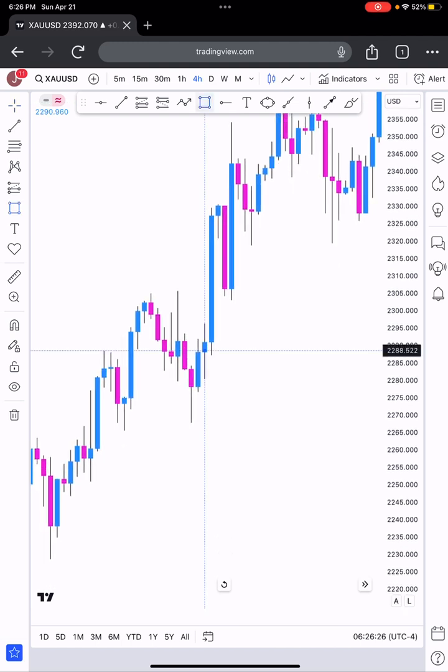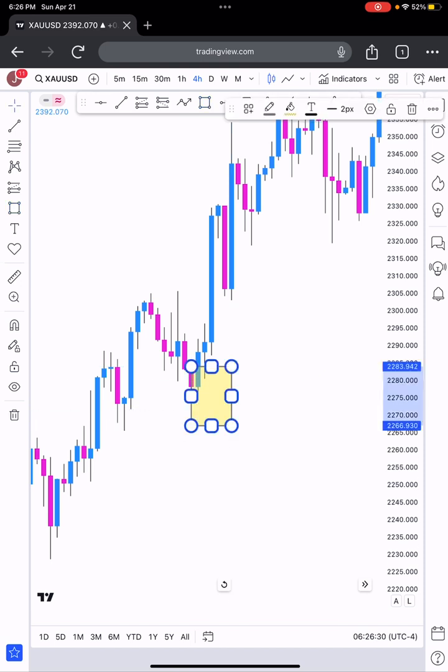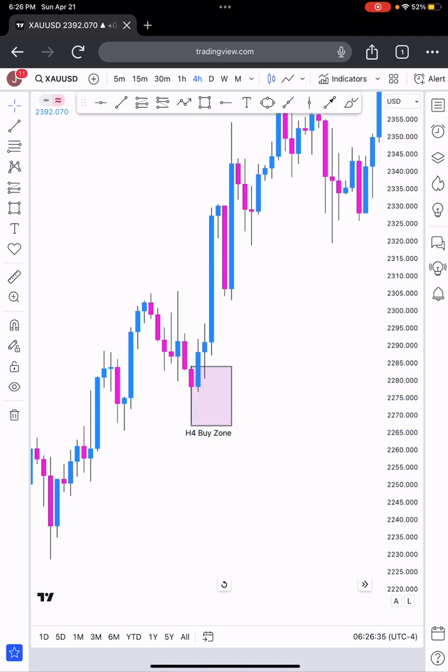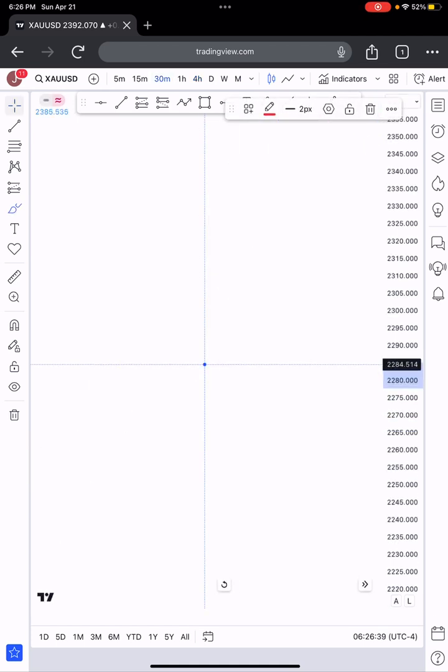Once price enters back into the zone, you look for, here's another one just as an example, right? So price created this buy zone. Price broke out, quickly pulled back into it. So let's go to the 30-minute time frame and see.